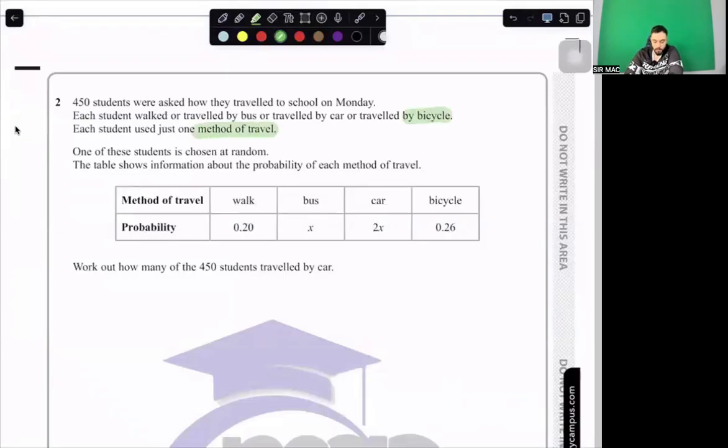One of these students is chosen at random, and the table shows the information about the probability of each method of travel. Work out how many of the 450 students traveled by car.